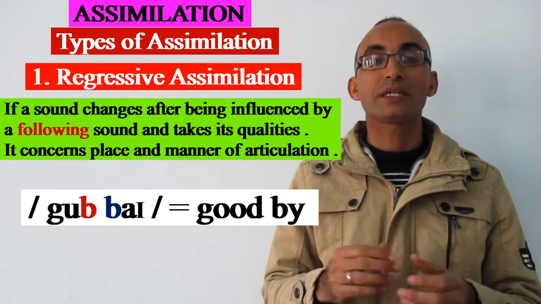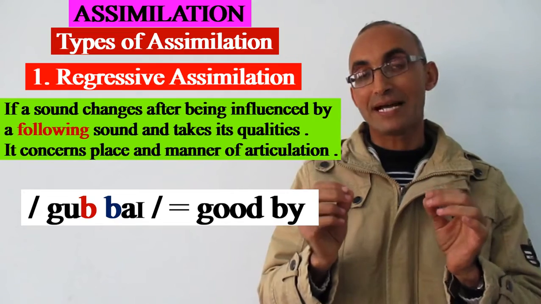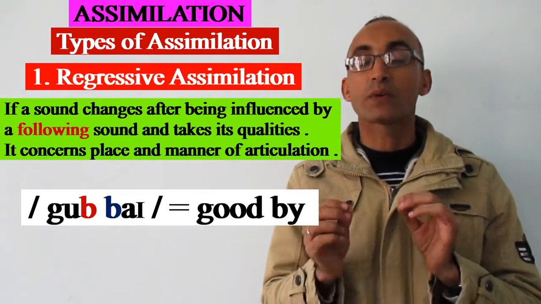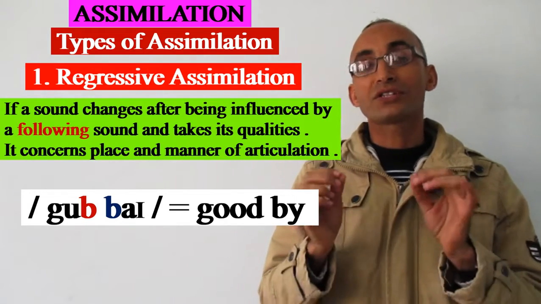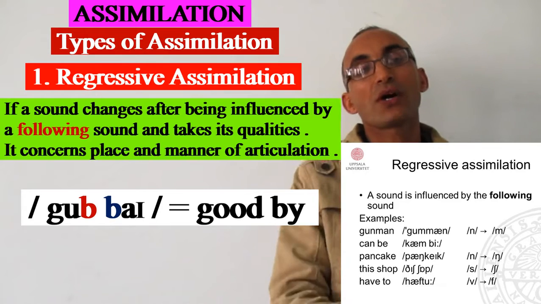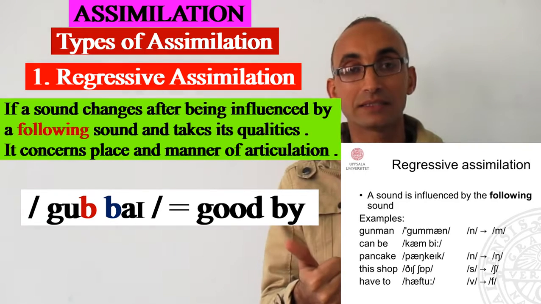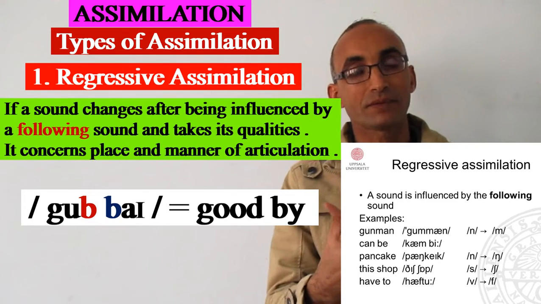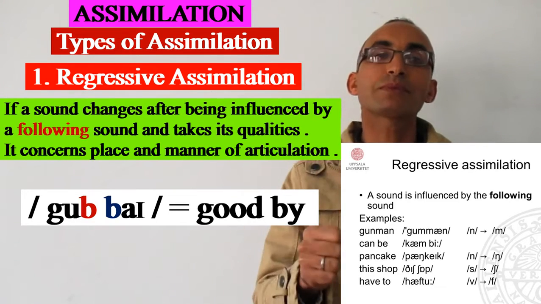Normally it's "goodbye," but after assimilation, we pronounce it "gubbye." Here the /d/ turns into /b/, because the /d/ is influenced by the following sound, /b/, and becomes like it totally.